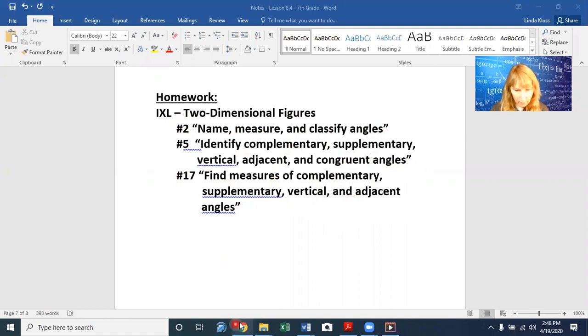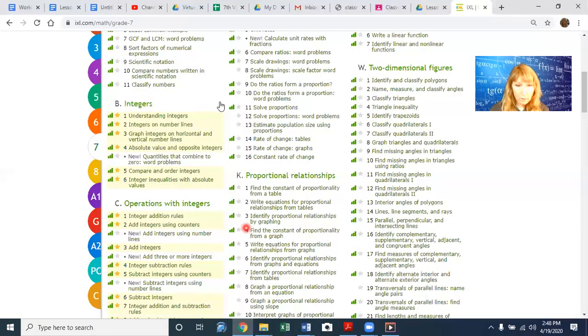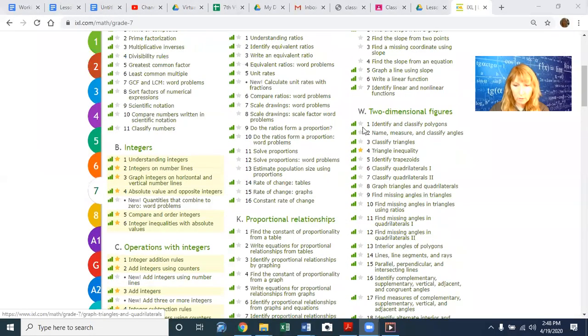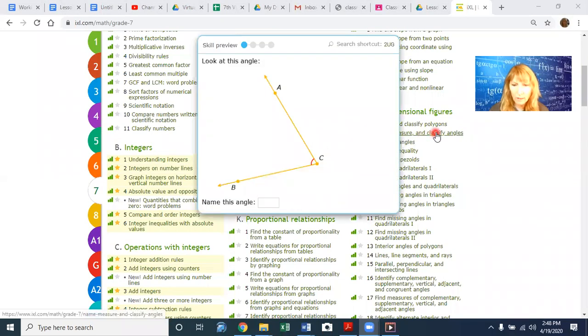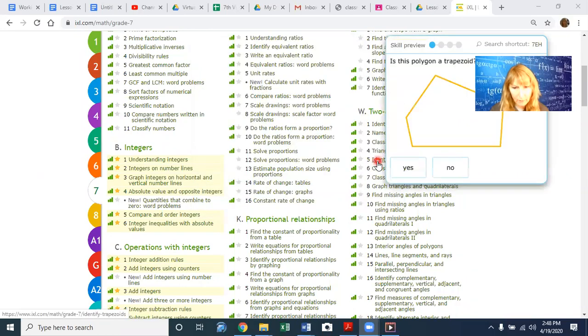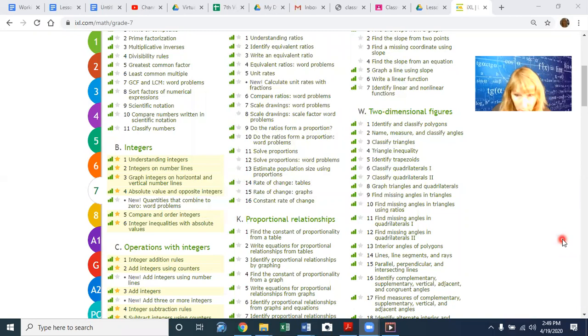I wanted to see if I can bring that up. Yeah, here it is. So two-dimensional figures. So number 2, right here, name, measure, and classify an angle. It's going to look like that. Number 5, identify complementary, supplementary. Did I say the wrong one here? Oh, 16.